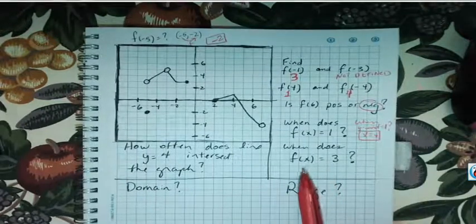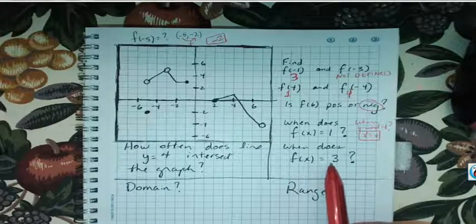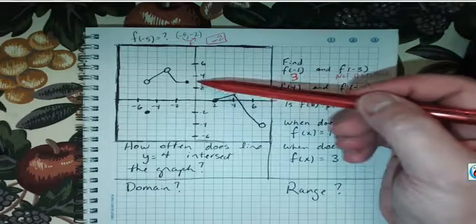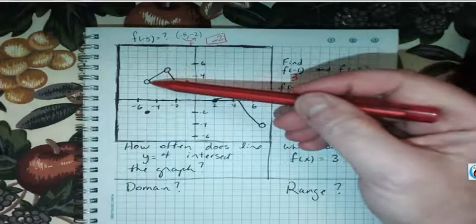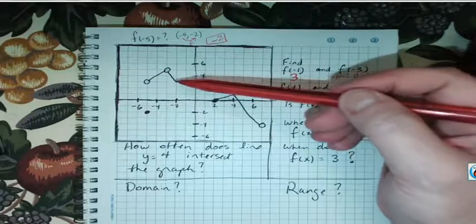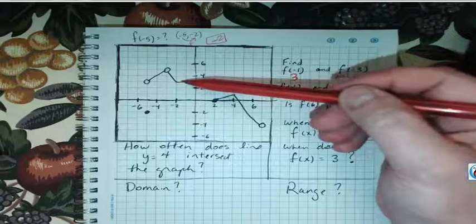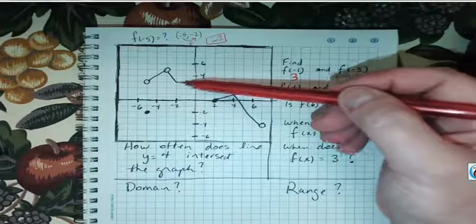When does f of x equal 3? When is the y-coordinate 3? So here's 3 on the y-axis. That point is not there, so that doesn't count. But what points have y-coordinate 3? All of these points. So what can we say about them?